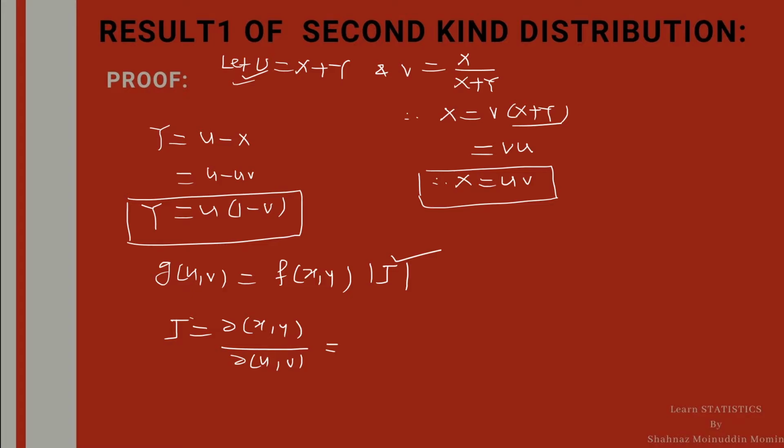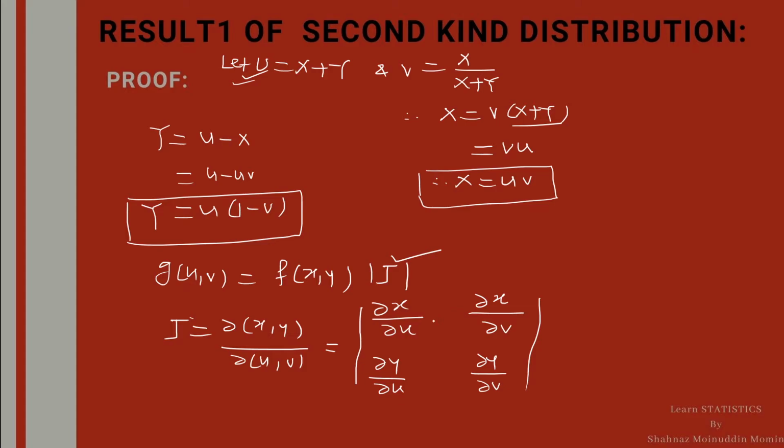We will use only the formula of the Jacobian of transformation for our derivation. So it is the mod of the partial derivative of x with respect to u, the partial derivative of x with respect to v, the partial derivative of y with respect to u, and the partial derivative of y with respect to v. This is the Jacobian of transformation.